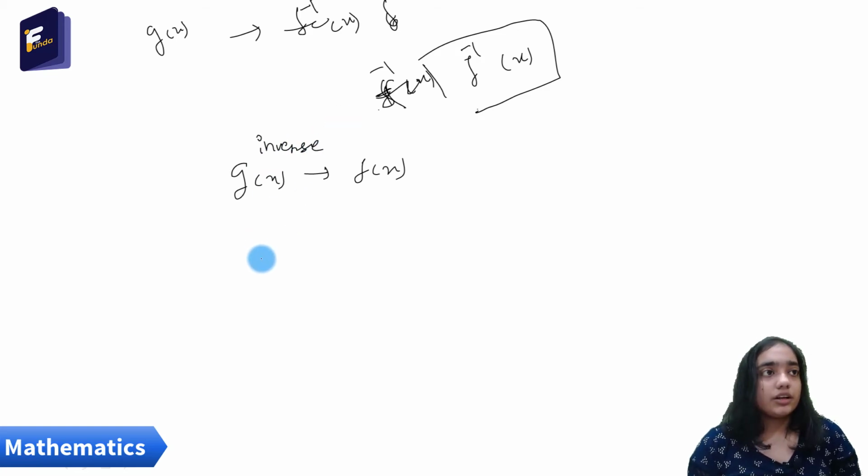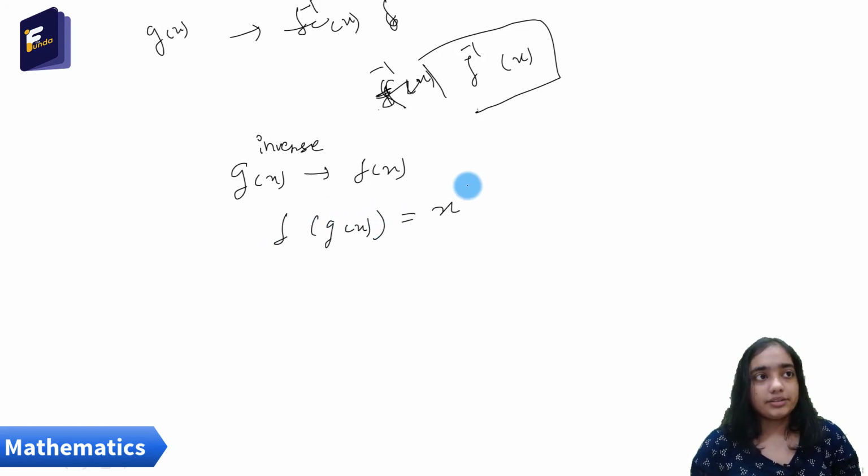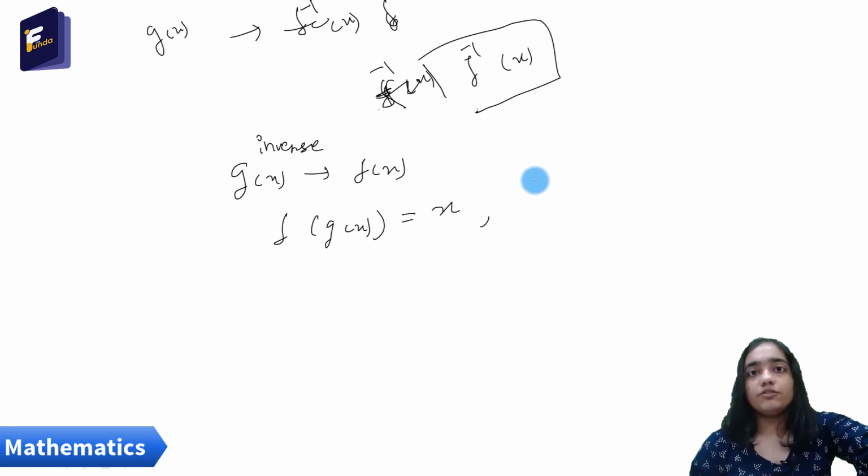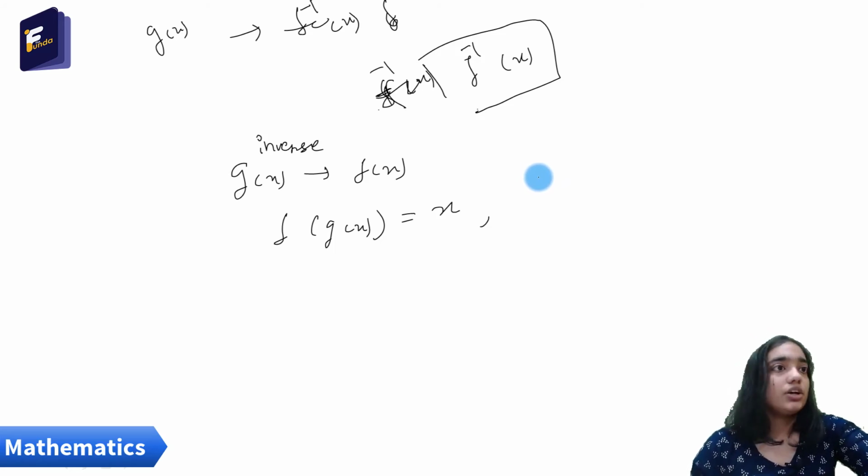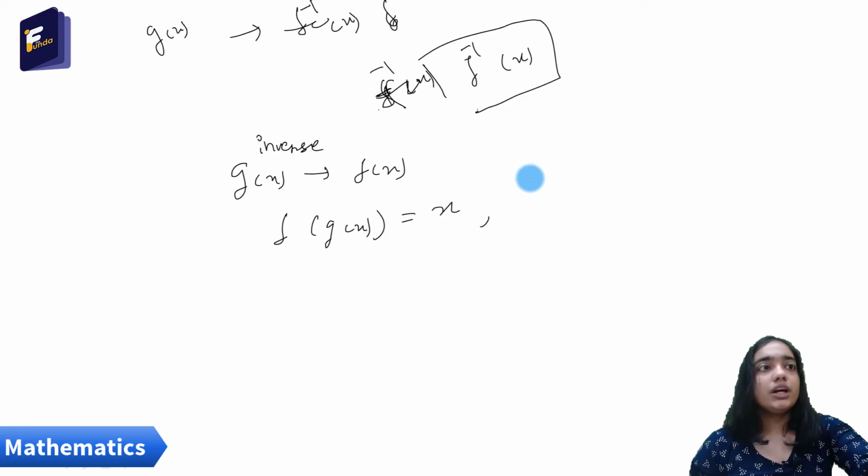One property is that f of g of x equals x for all values of x in the domain of g. x should be in the domain of g because we are finding g of x. If x is not in the domain of g, then we cannot find g of x, and if we cannot find g of x, then we cannot find f of g of x.